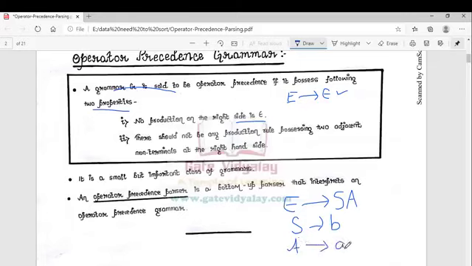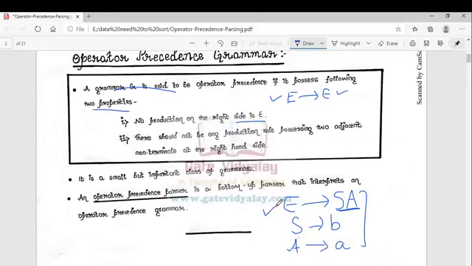This grammar is not an operator precedence grammar, because it produces two adjacent non-terminals. So we have to keep these two points in mind: operator precedence grammar cannot generate a null string, and it does not have two adjacent non-terminals.